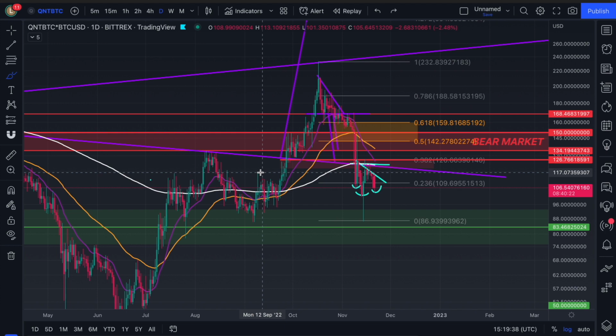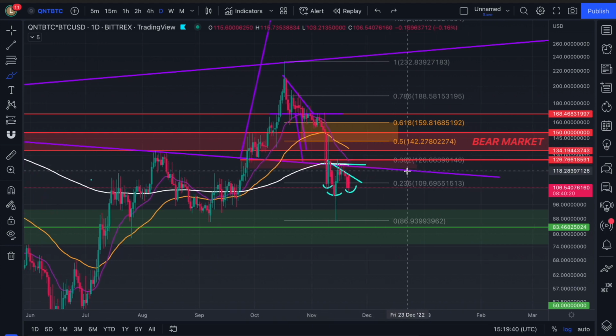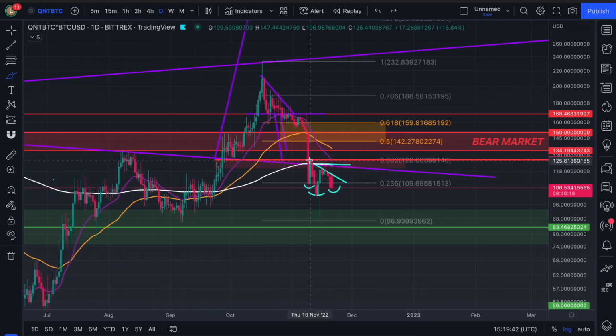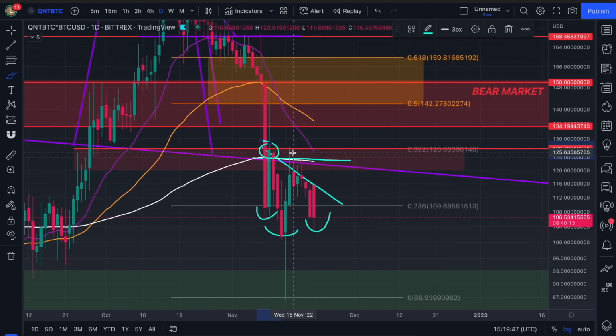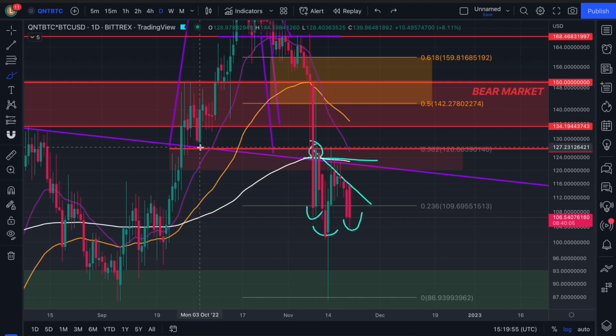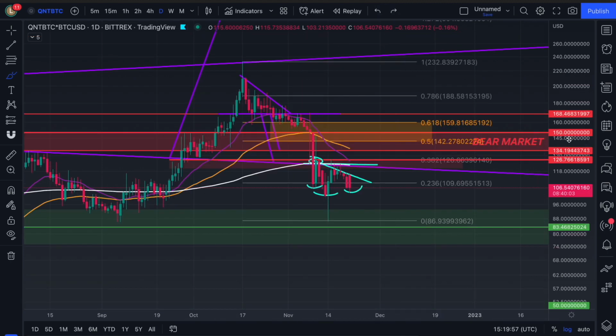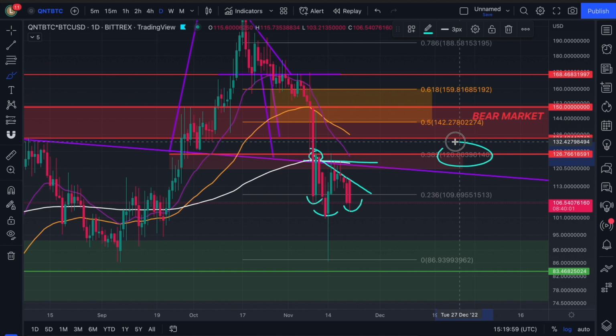If we look to the left, that is key. For example, here 125 was where we found key resistance. We were pumping back above the support. It was being held as support beforehand, but then we used it as resistance eventually. And it's also a psychological level.